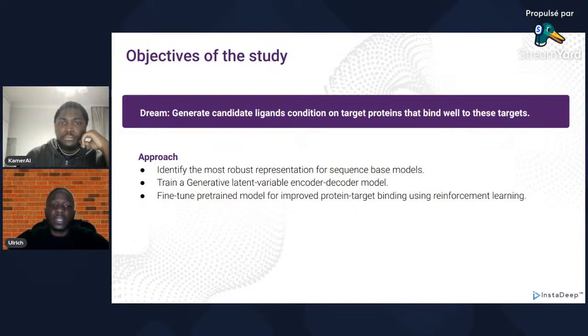for a sequence-based model. The next steps are that we need to train a generative model, and we chose a latent-variable model with an encoder and a decoder that are both transformer models. Then the next step is to fine-tune the model in order to tailor it towards specific properties.